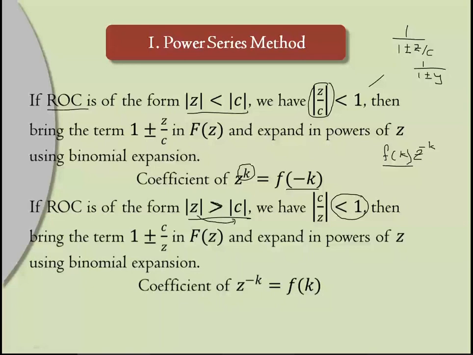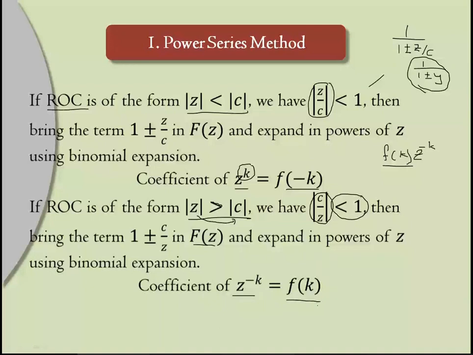And then try to bring this c by z into that function F of z, and then do the expansion. Again, use either of these formulas. Do the expansion. If you get the negative power of z, then the coefficient of z raised to minus k gives us the answer. If we get the positive power of z, then it gives us f of minus k. If we get the negative power of z, it gives us f of k.